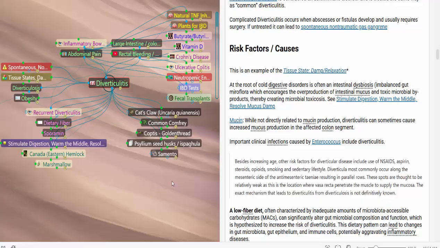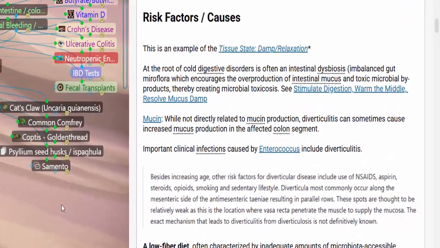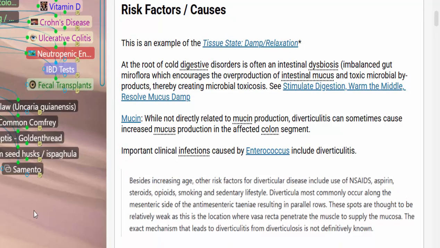So, what causes it, and what are the risk factors? Now, if we look towards vitalistic herbal medicine, energetic herbalism, it's classified as an example of the tissue state damp relaxation and considered a cold digestive disorder.